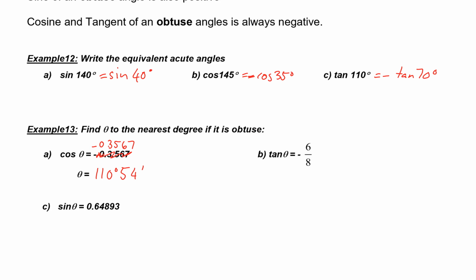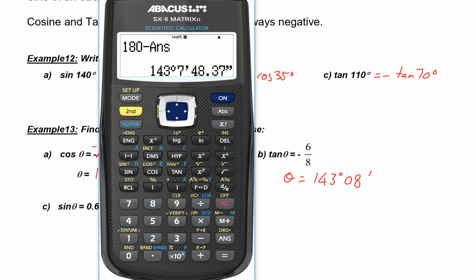So theta equals 143 degrees 8 minutes. Let's check that works out. The tan of 143 degrees 8 minutes equals negative 0.75, which is about 3/4, which is about 6/8, to within a rounding error.